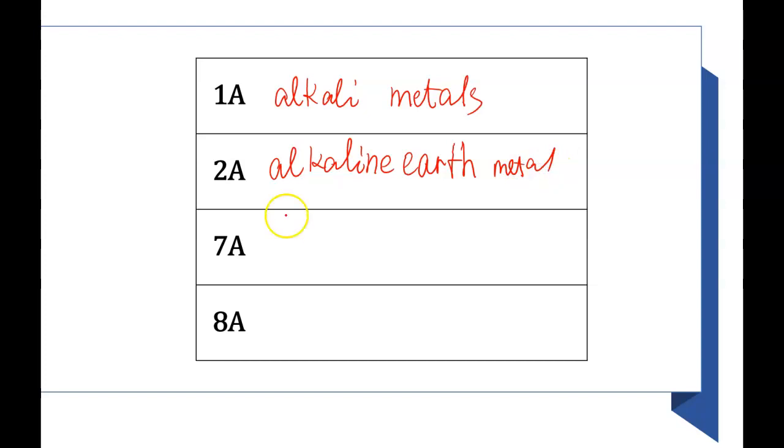Group number 7A is halogens, and 8A noble gases. And now later on, if I say alkali metals, I will mean all elements from the 1A group.